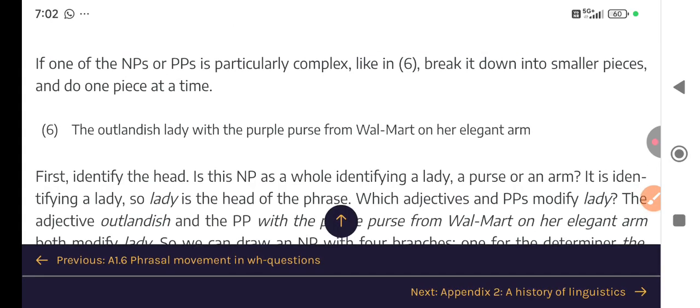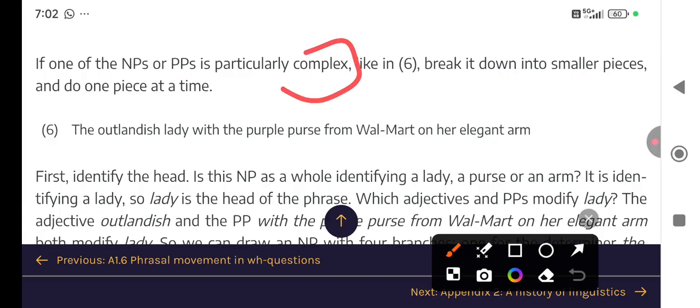Suppose such a sentence comes. For such a sentence, if one of the noun phrases or prepositional phrases is particularly complex, like sentence 6, break it down into smaller pieces and do one piece at a time.